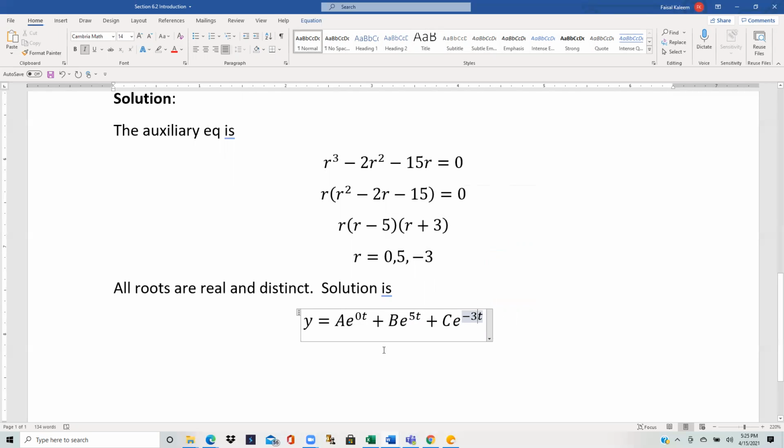Okay, so e to the 0t is just e to the 0, which is 1. So this first term is just a. So y = a + b e^(5t) + c e^(-3t).